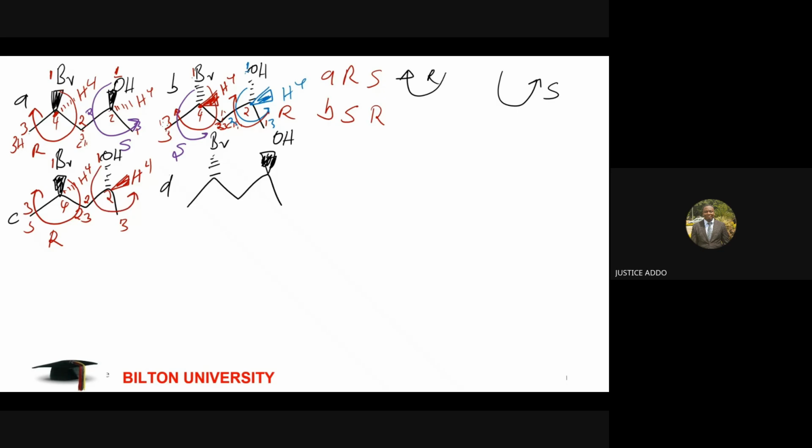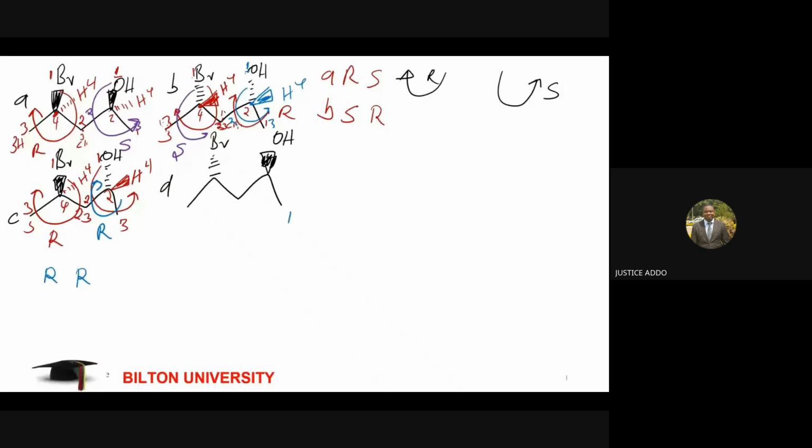However, when we reach carbon number 3, the priority number 4, which is in the front, should be at the back. All right, so that means we are viewing the molecule in the wrong direction, we need to put it in the right direction, and therefore we are going to change this way so that we have R configuration, and therefore here we're going to have R configuration. Let's look at molecule D.